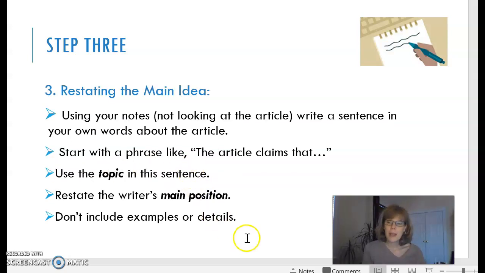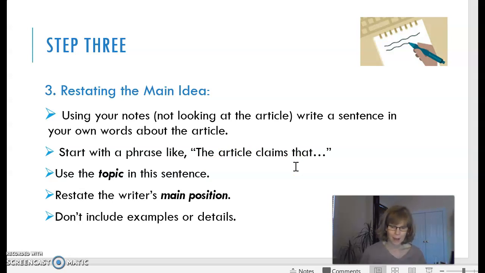Your step 3 in this process is going to be to look at your outline using these good notes that you've taken. Write the main idea of the article. What is the main idea of this article based on the outline? You're going to start with a phrase like this: The article claims that, and then use the topic, right?